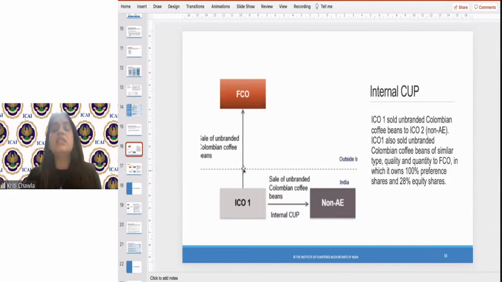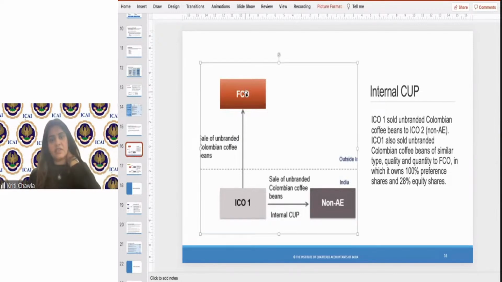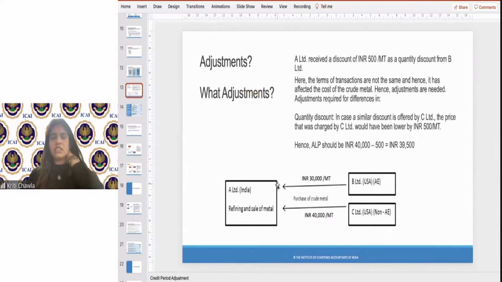This is an internal transaction in the sense that your entity is transacting with your related party, and it is also transacting with a non-related party. So this is called internal CUP because your party is transacting with a related party and with another non-related party.